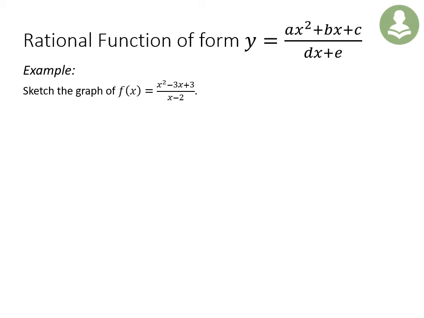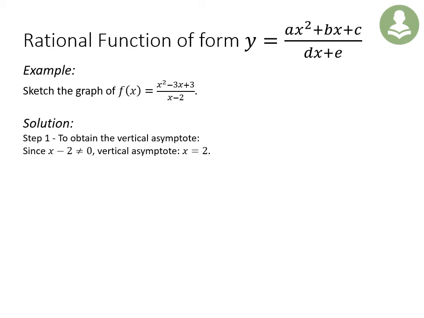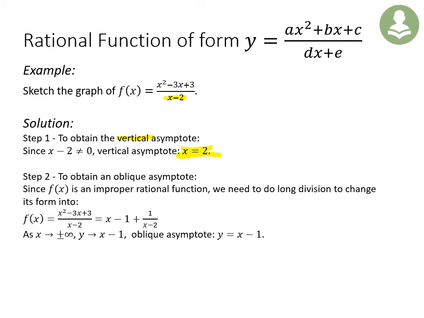Okay, our next example over here requires us to sketch the rational graph of this form. We are going to do the same thing and obtain the vertical asymptote by looking at the denominator. So x equals 2 would be our vertical asymptote, followed by a long division to help us rearrange our form into a proper rational function.